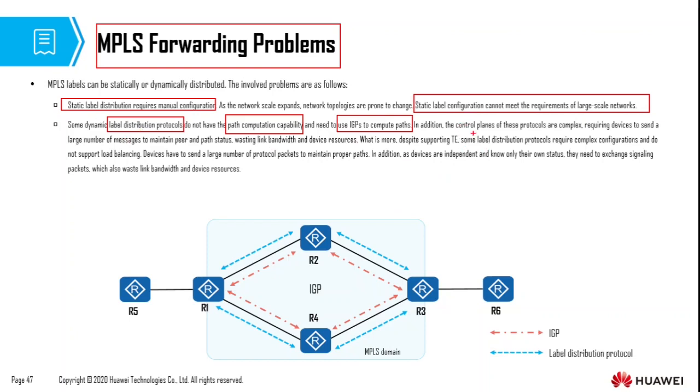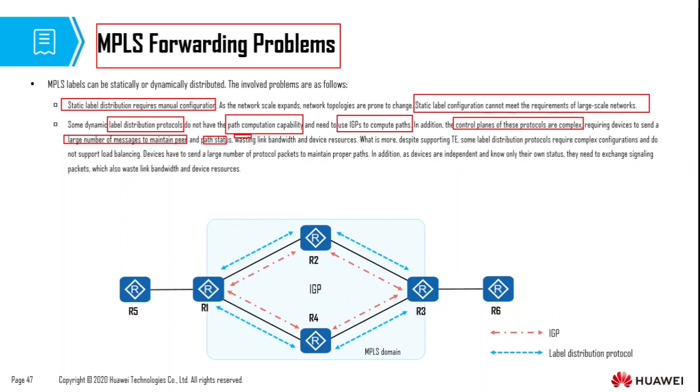In addition, the control planes of this protocol are complex. That is, how to share these labels. LDP uses so many packets in order to achieve the label distribution. So it requires devices to send a large number of messages to the peer and path status.